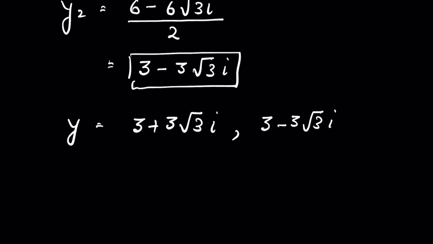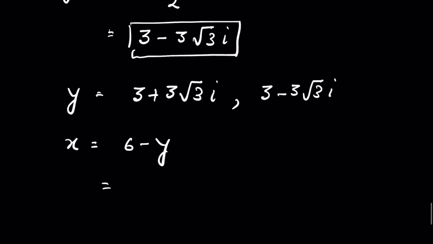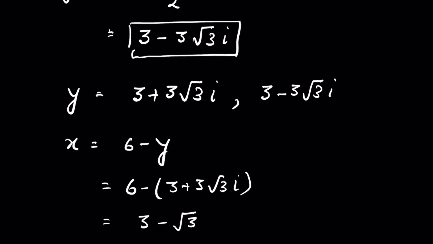Then the value of x will be, x we know is 6 minus y, so it will be 6 minus (3 plus 3 times square root of 3 i), or 6 minus 3 is 3, and minus plus is minus, so 3 minus 3 times square root of 3 i.